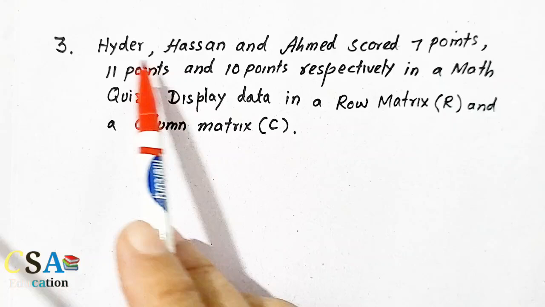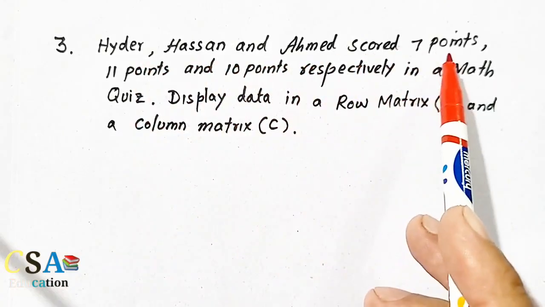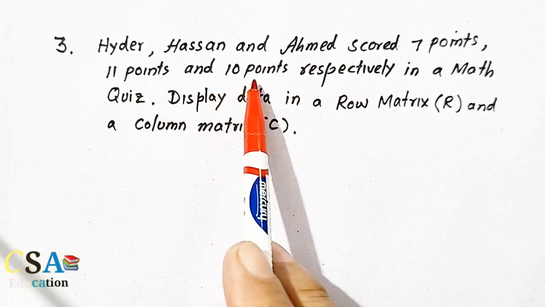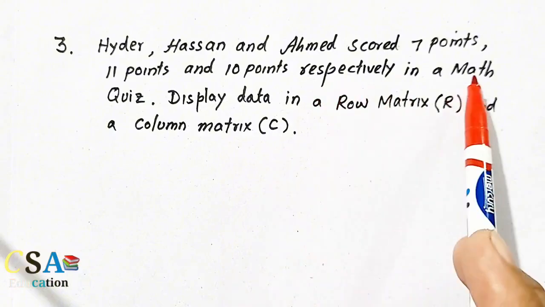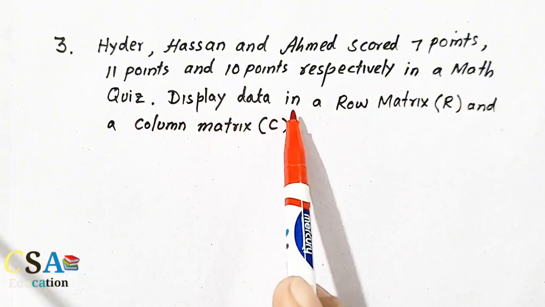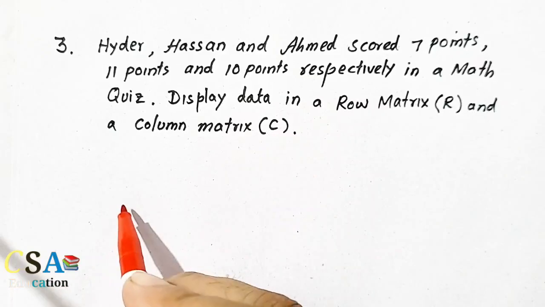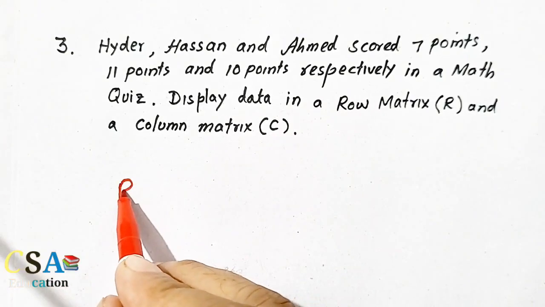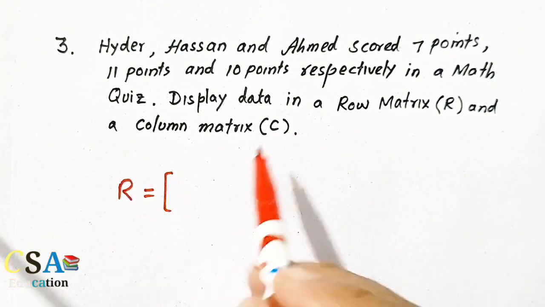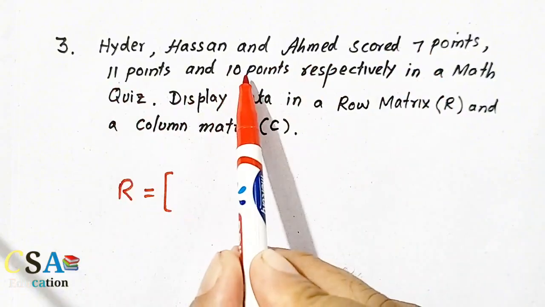Question number 3 is: Heather, Hassan and Ahmed scored 7 points, 11 points and 10 points respectively in a math quiz. Display data in row matrix R and column matrix C. First of all, we will make row matrix. So row matrix 7, 11 and 10.